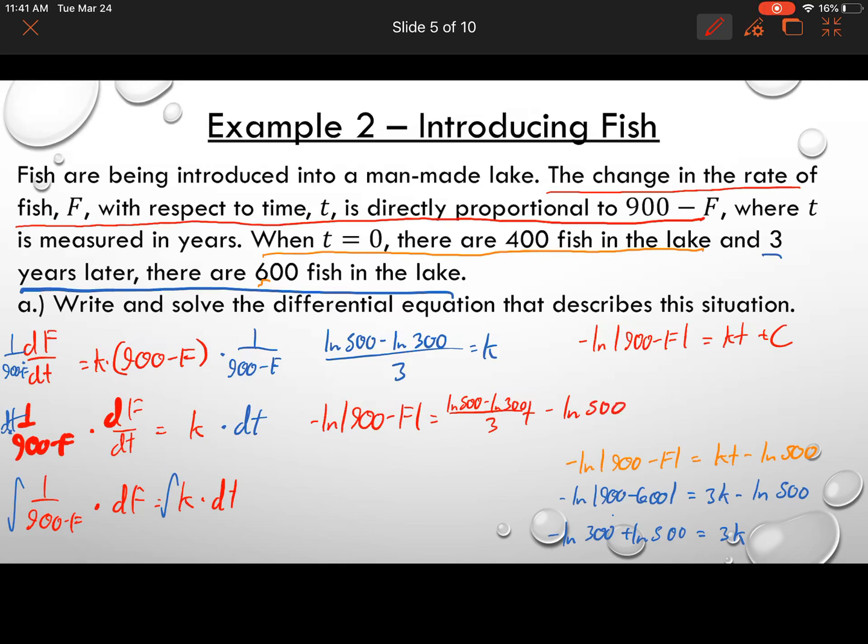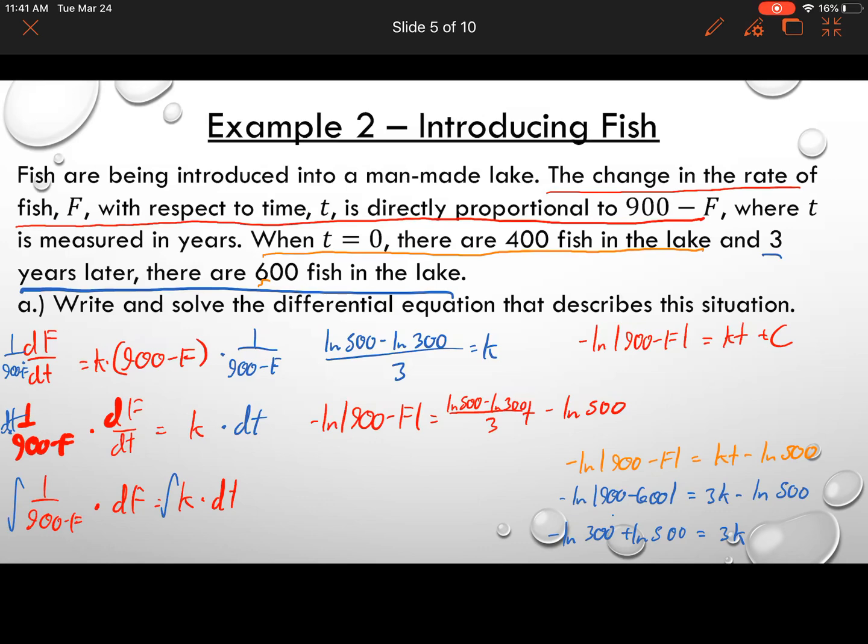Now, since we're not told to get f by itself, we would just leave it like that. Otherwise, we could have gotten f by itself even at this point, but since it's not specifying to get f by itself, just to solve it, we would just leave it like that.